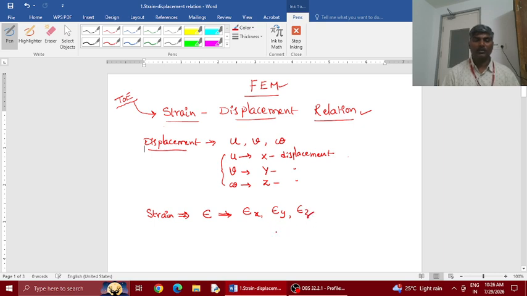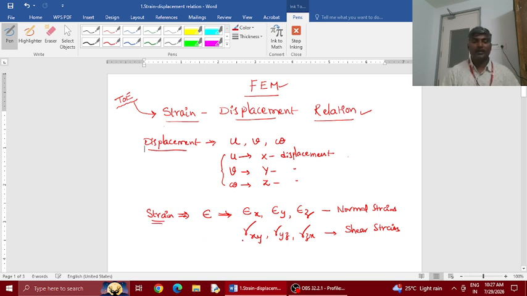These are the three normal strain components. These are called normal strains. Shear strains are also there, like gamma xy, yz, zx. So these are shear strains. So this is something like strain.